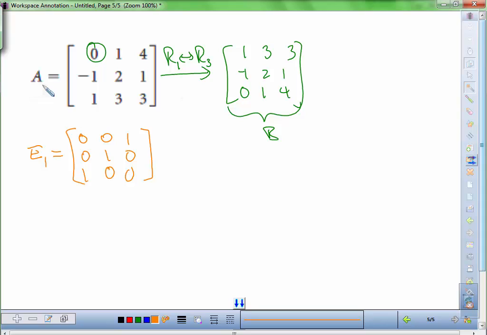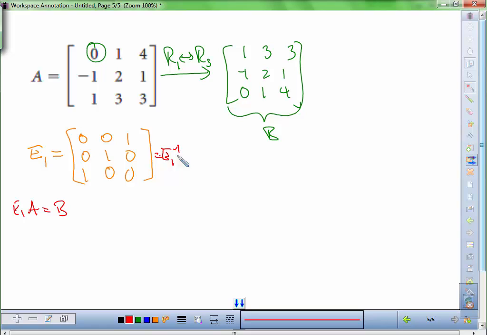So we can rewrite A as equal to E1 times B, right? Or is it E1 times A is equal to B? E1A is equal to B. So it turns out that E1 inverse is actually equal to E1.